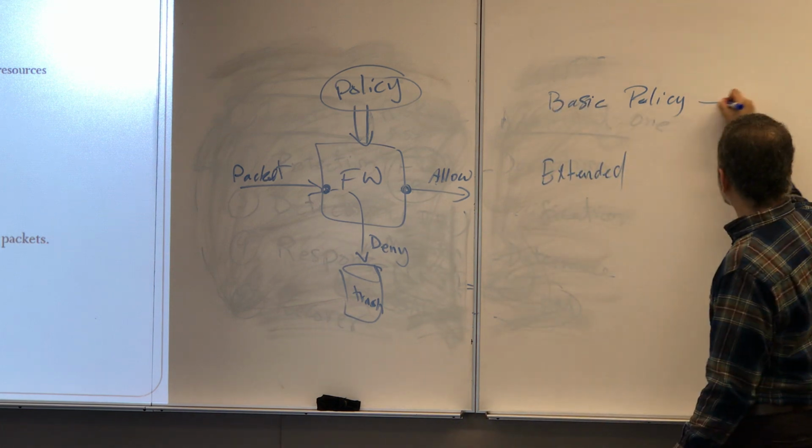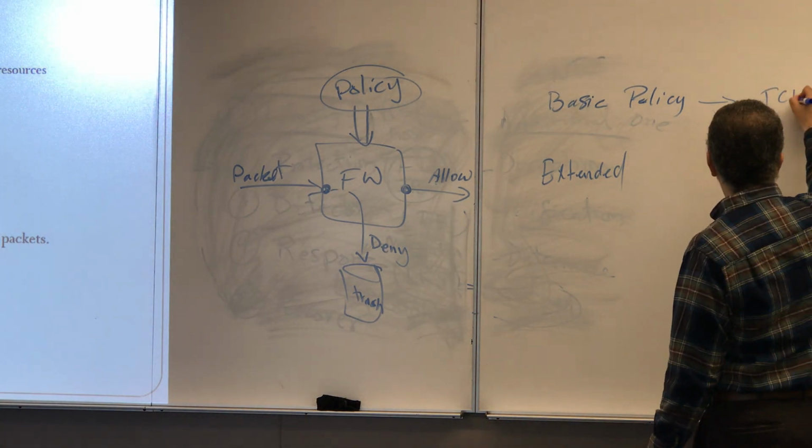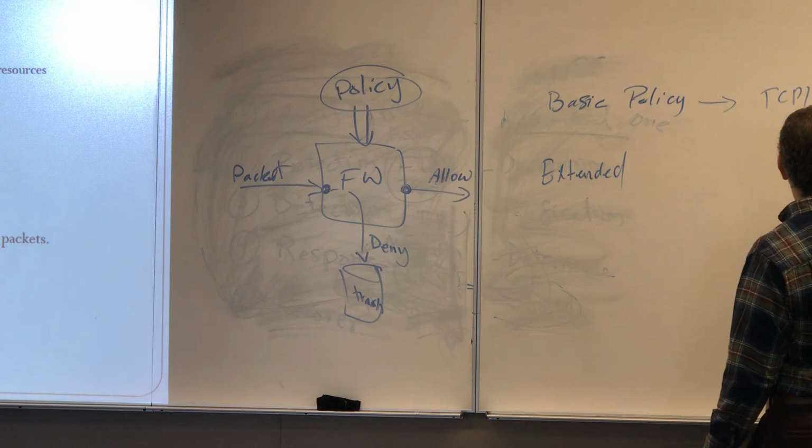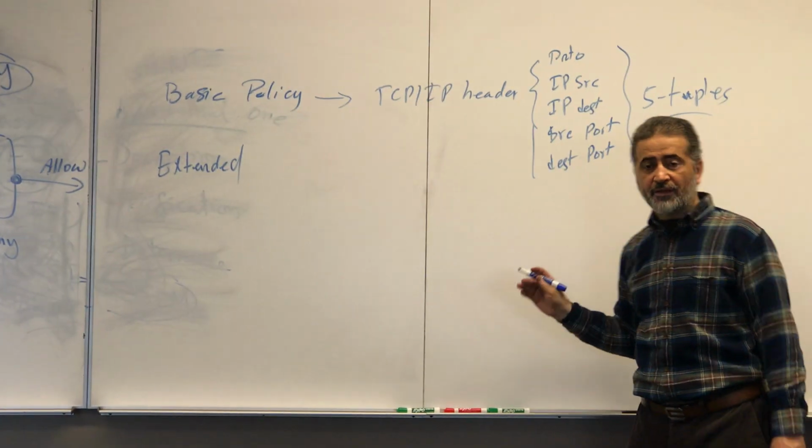In the basic policy, we only look at the TCP/IP header: protocol, IP source, IP destination, source port, and destination port. This is what we call the 5-tuple.